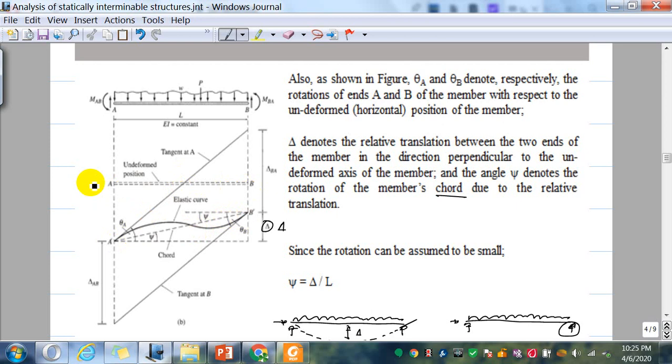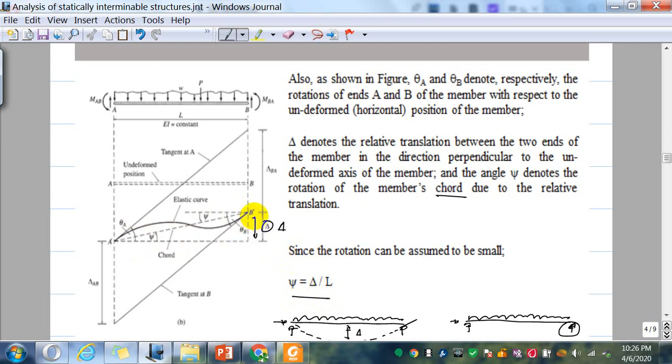So there are three angles involved here. One is due to the loading, there is a rotation theta A. Due to the loading, there is a rotation theta B, and due to the settlement, there is a rotation psi. And psi is defined as delta over L, because for small angles, tan psi is delta over L.